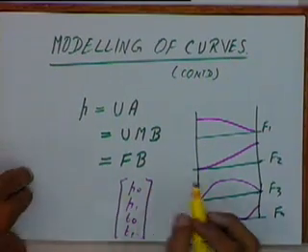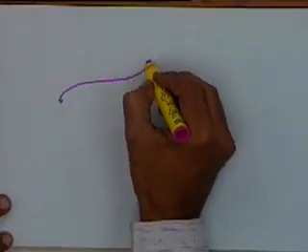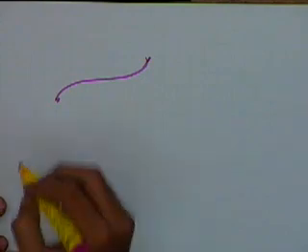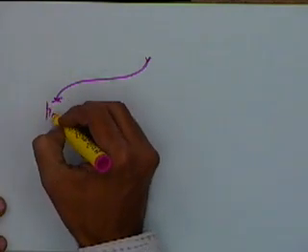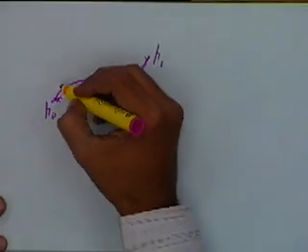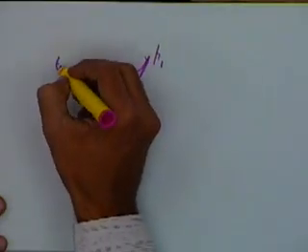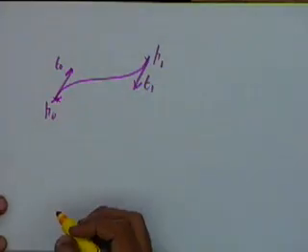In contrast to this formulation, if we consider any cubic curve, right now we are specifying it using 4 parameters: P0, the starting point, P1, the end point, and the starting and ending tangent vectors, T0 and T1.